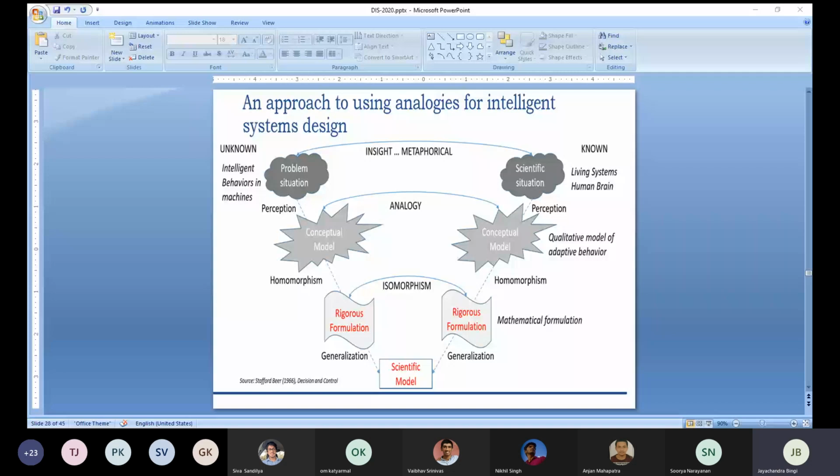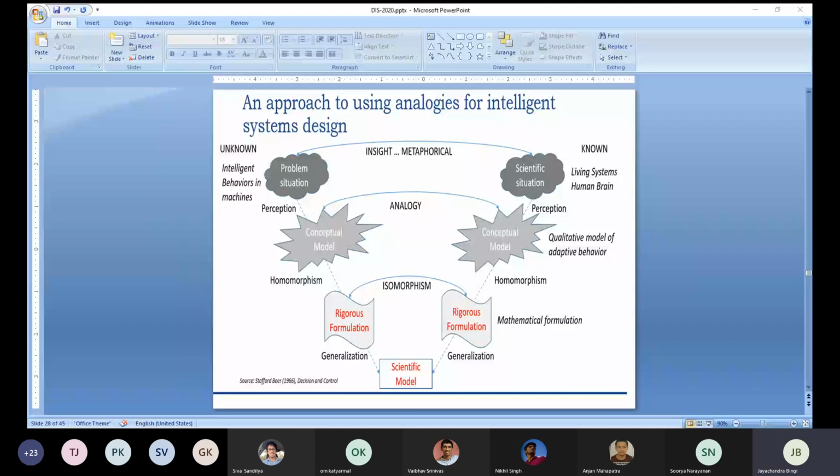So this way, living systems, human brain for example, I put there. So here your problem, you are going to build one kind of solution or a machine or some kind of artificial system.